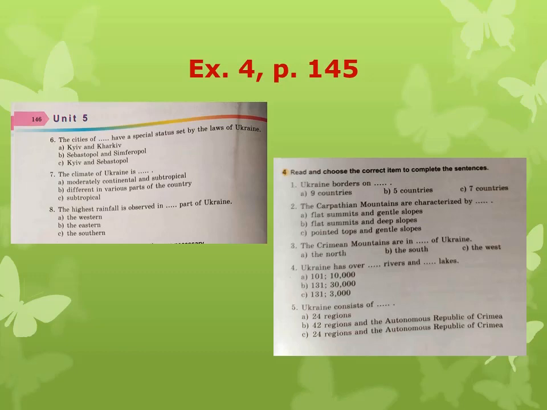Ukraine consists of A. 24 regions, B. 42 regions and the Autonomous Republic of Crimea, C. 24 regions and the Autonomous Republic of Crimea.